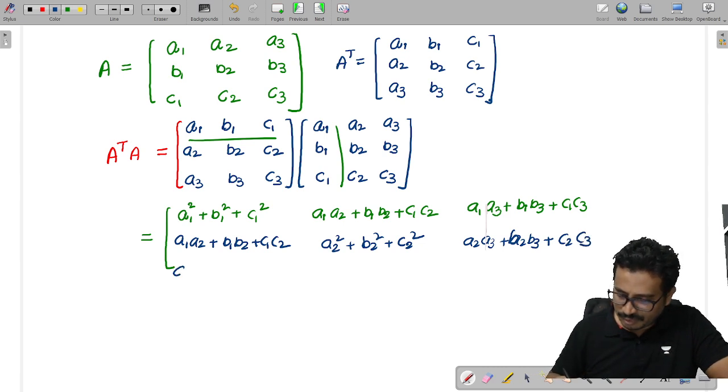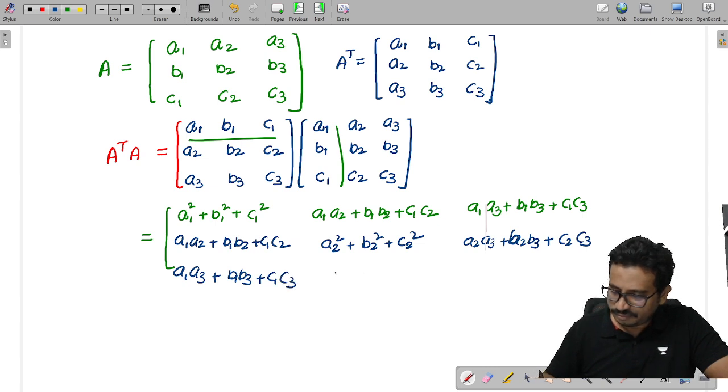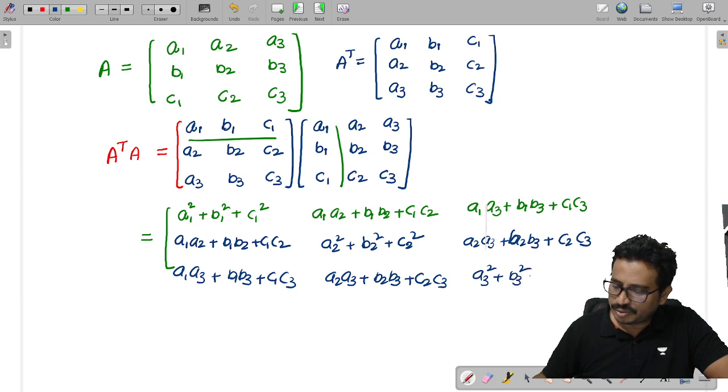In the third row, a1 a3 plus b1 b3 plus c1 c3, a2 a3 plus b2 b3 plus c2 c3, and a3 square plus b3 square plus c3 square.